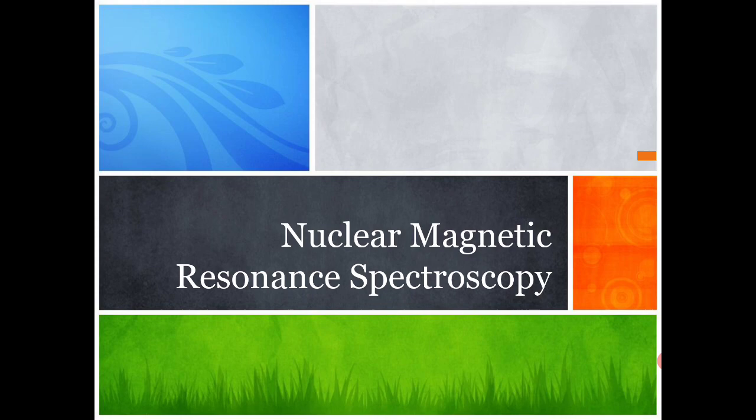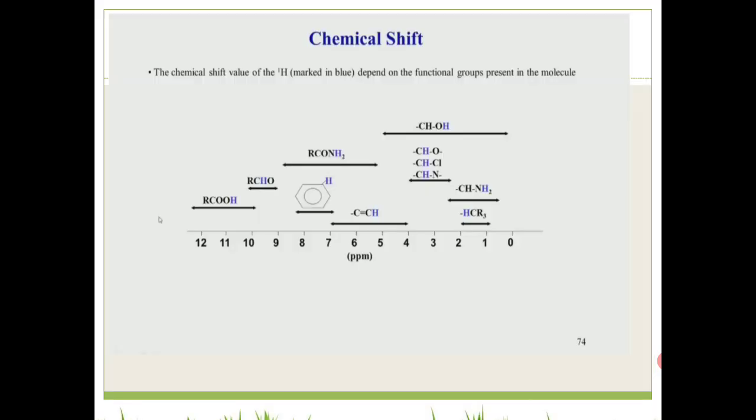That's what we are discussing today: the complexity in the NMR spectrum, and how do we resolve it? How do we simplify the problems which lead to the complexity in the NMR spectrum?